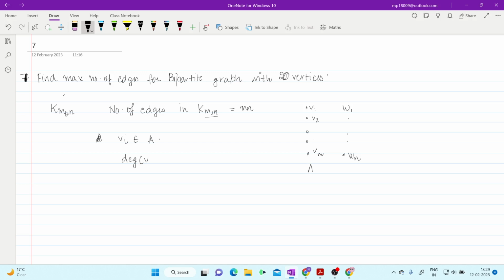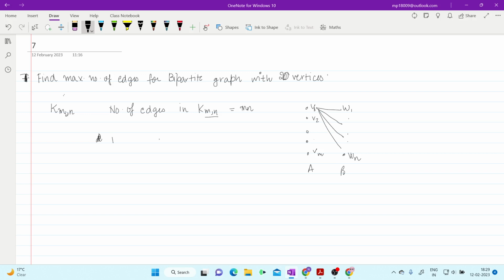So this is A, this is B. Even if you don't want to look at the degree, from this only you can see the number of edges whose one point is V1. V1 will be connected to each of the vertices in B.